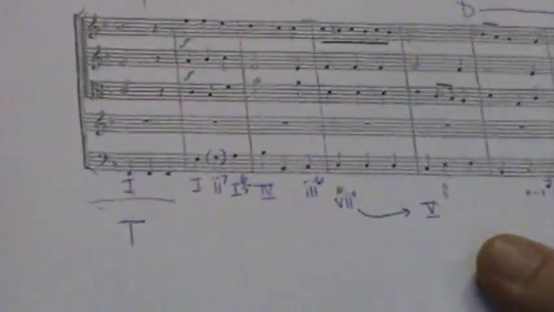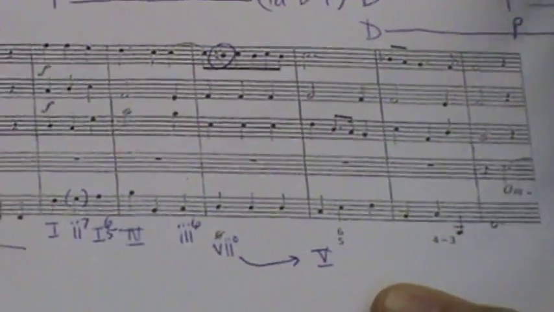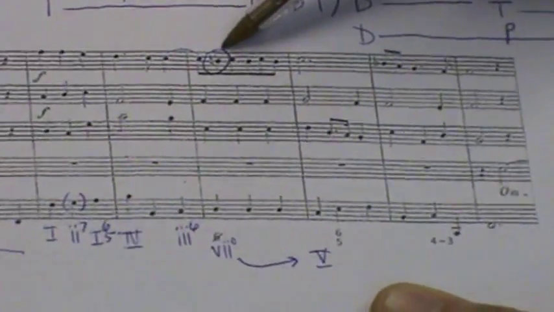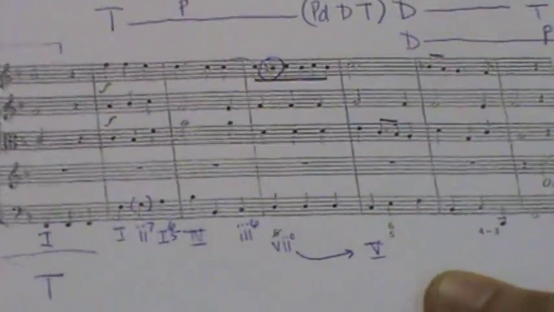It's 7 diminished 6 of 5 that follows it. Okay? Use that accidental to your benefit. You know you can't use a diatonic label because you've got to show that it's outside the key.